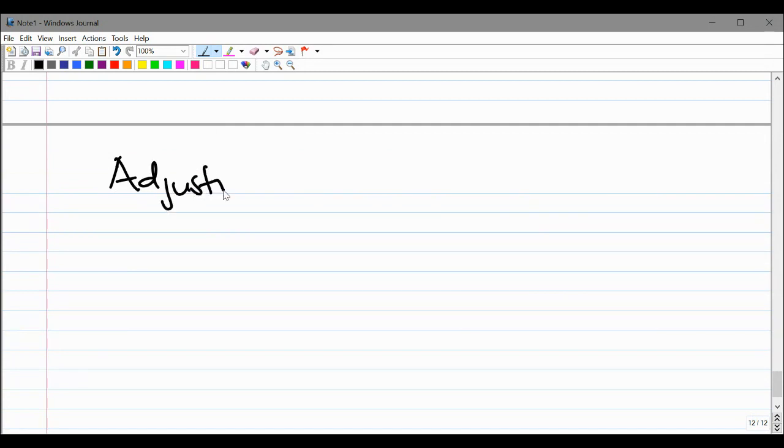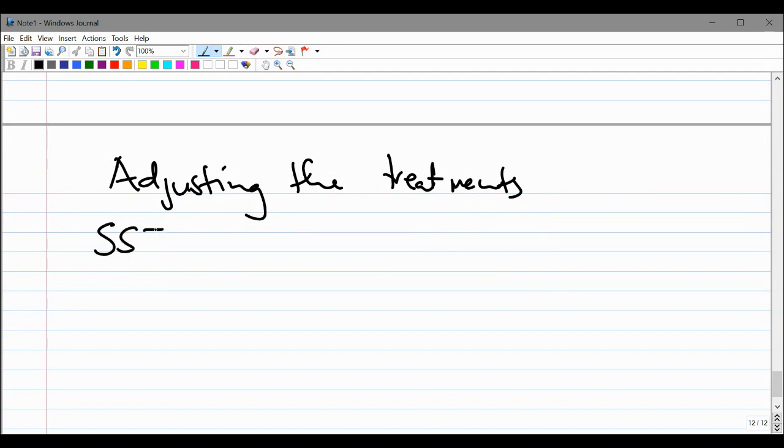Let's start with the one where we're adjusting the treatments. I was told yesterday that SSTO is equal to 81. SSB, I was told, is equal to 55.